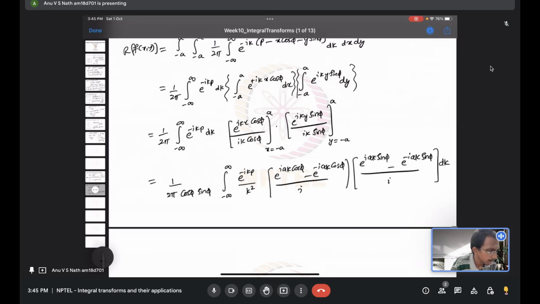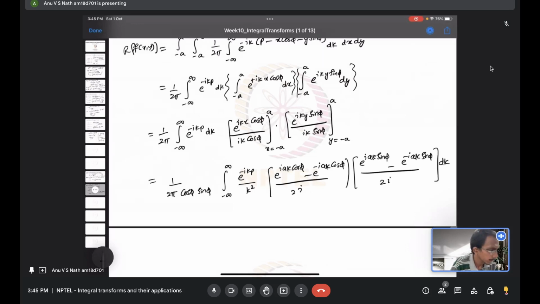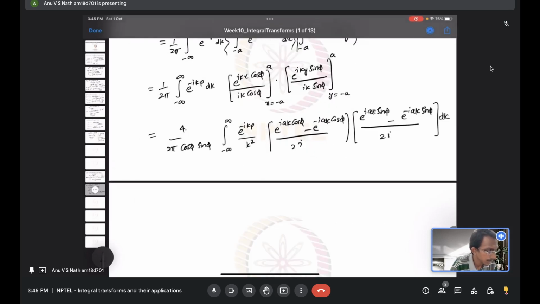We multiply by 2 here and 2 here, so total 4, and simplify a little bit. Here we have 4 by pi, and the sin phi and cos phi we can group together into sin 2 phi over 2, and then the remaining integral from minus to plus infinity of e raised to minus ikp by k square. You see the form, right?